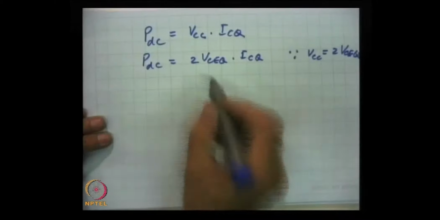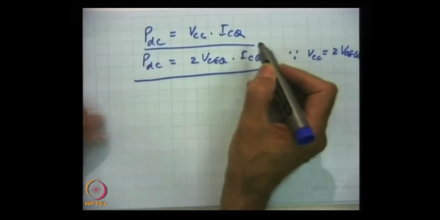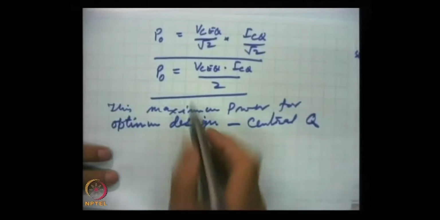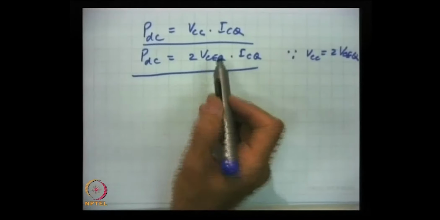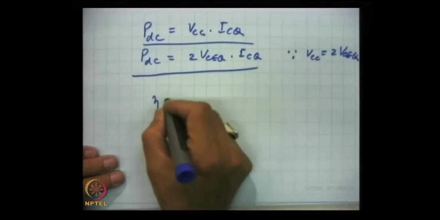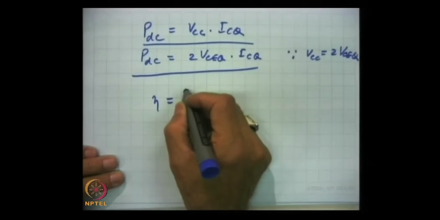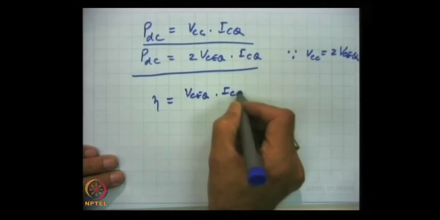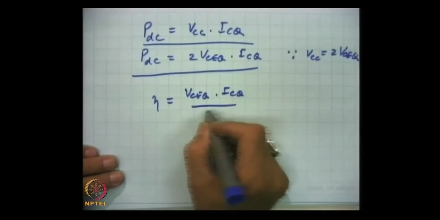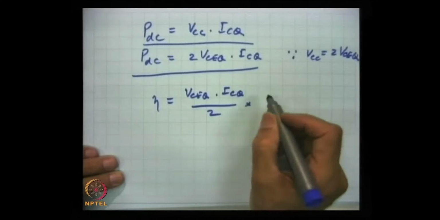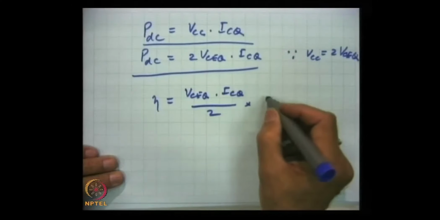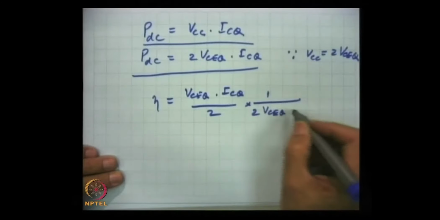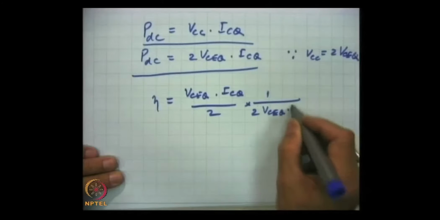So this is the DC power, and this is the AC power. The ratio of the two is VCEQ ICQ by 2, divided by 2 VCEQ into ICQ.